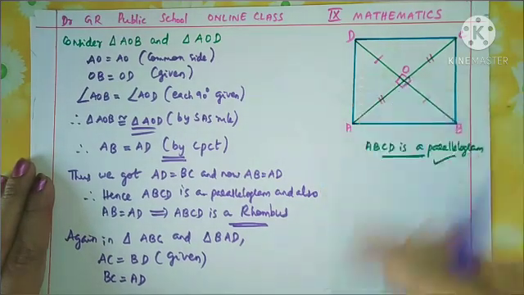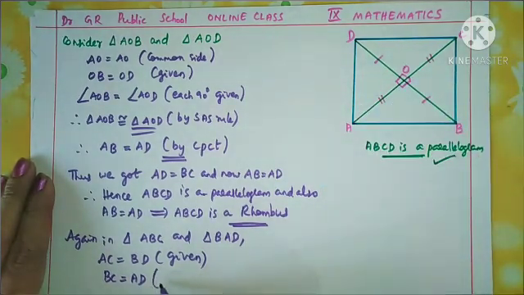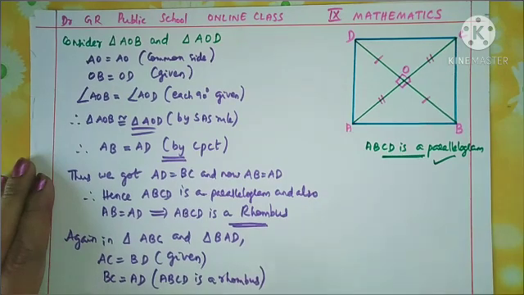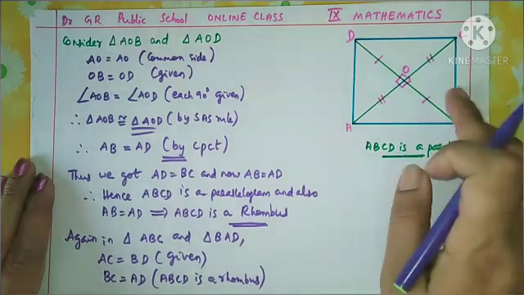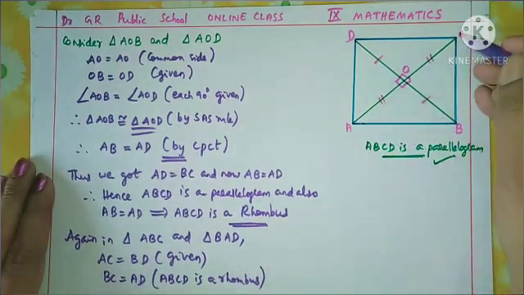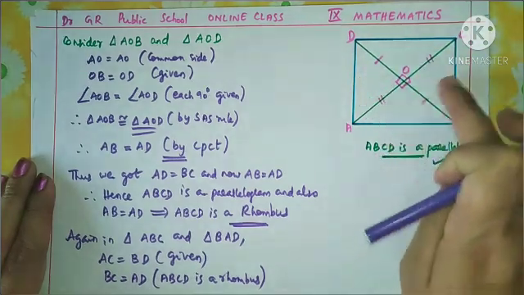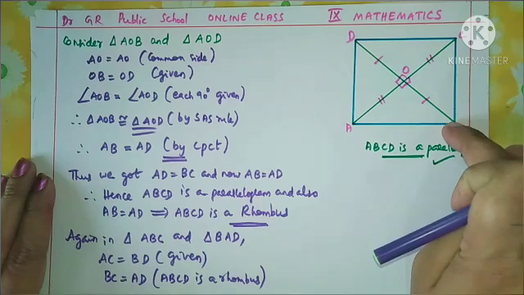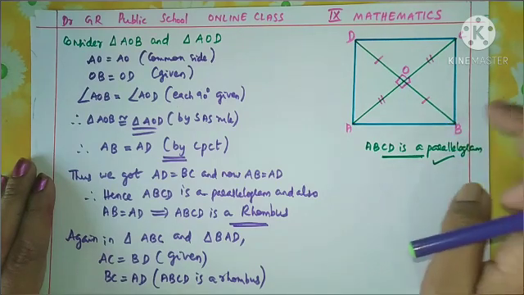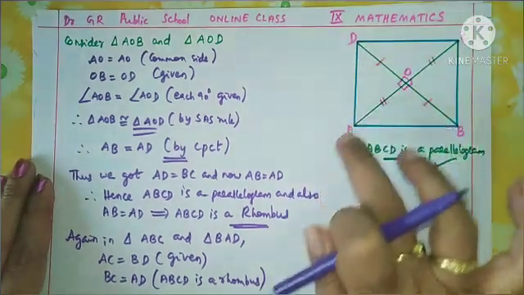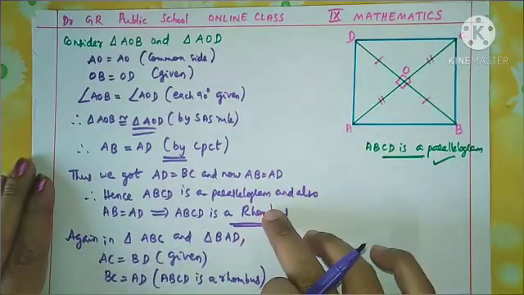Or you can say because ABCD is a rhombus, all the four sides are equal. So, in these two triangles, ABC and BAD, we got AC equal to BD because the diagonals are equal, and BC equal to AD because we proved this is a rhombus.